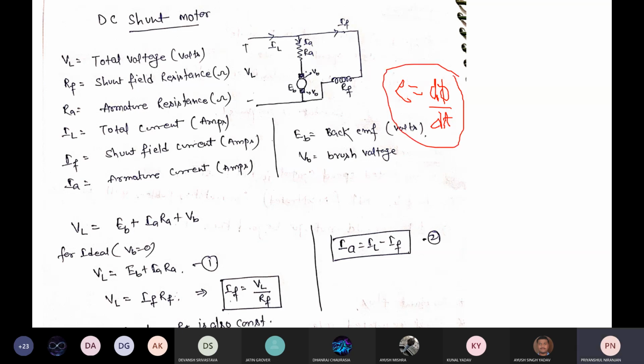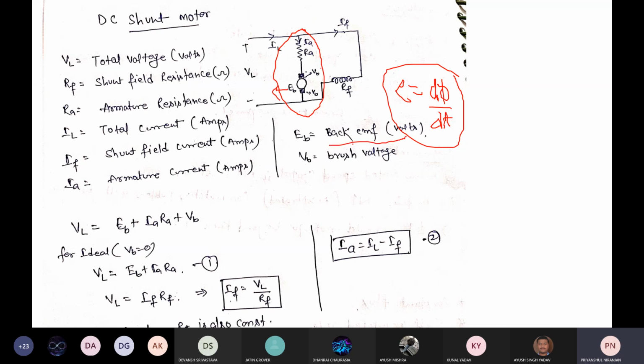This is Faraday's law. Here the moving part is the armature winding. The armature winding produces the EMF, with notation EB.